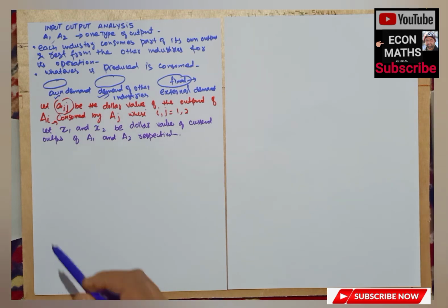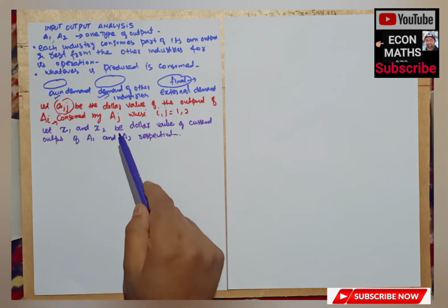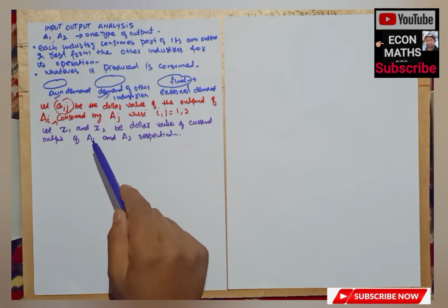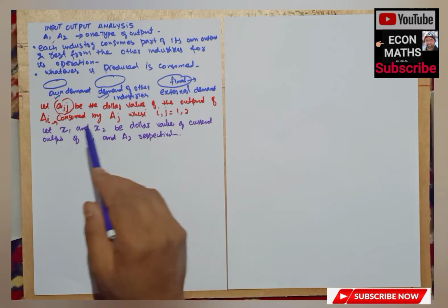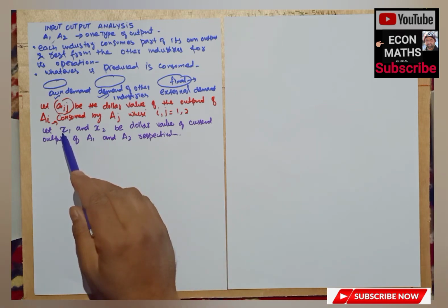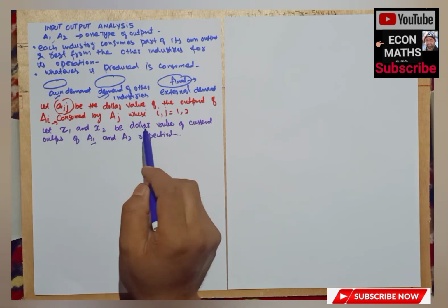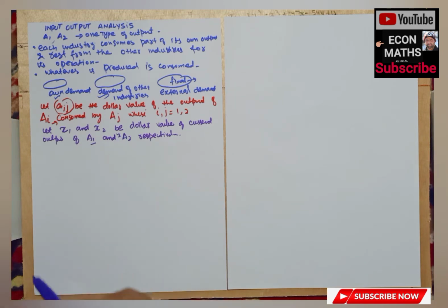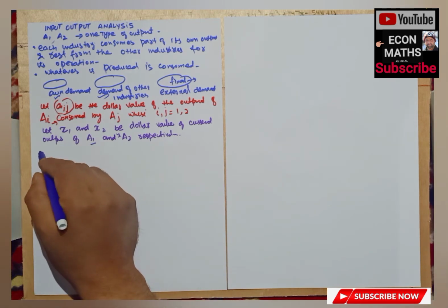That is, x1 is the dollar value of output of A1 industry, and x2 is the dollar value of current output of the industry A2.